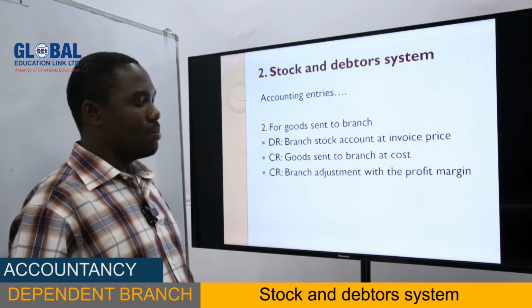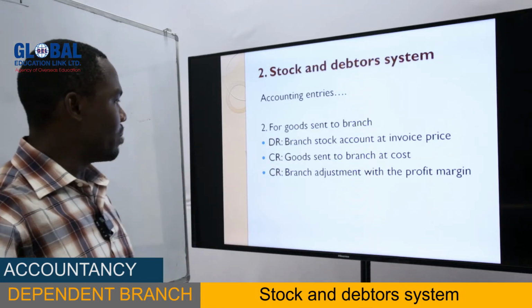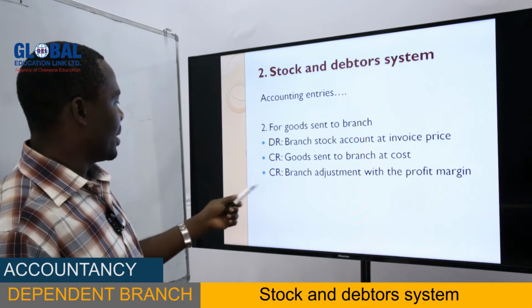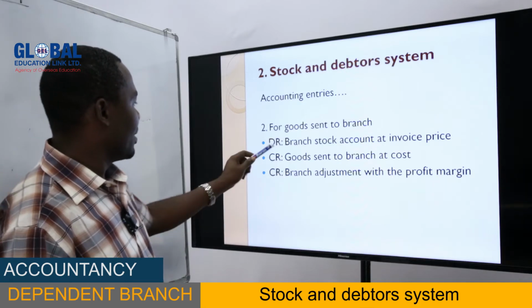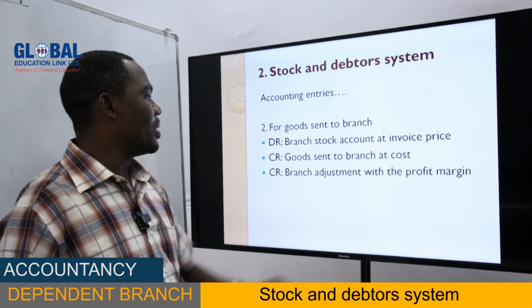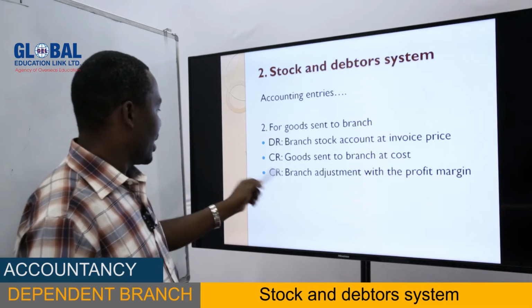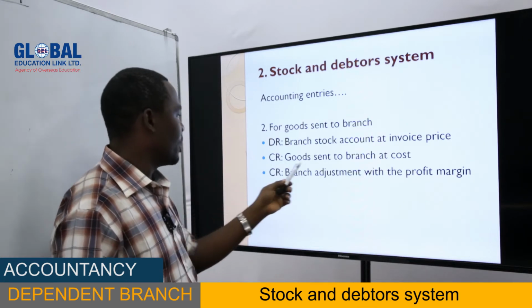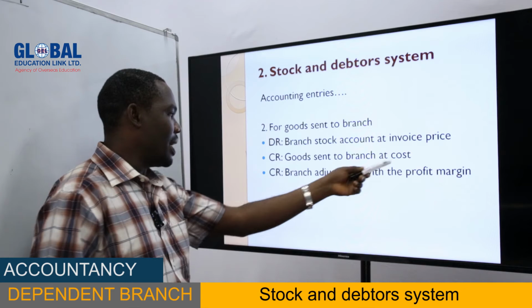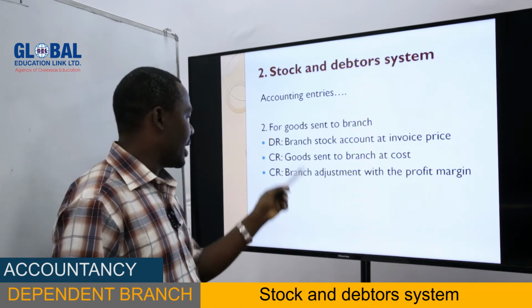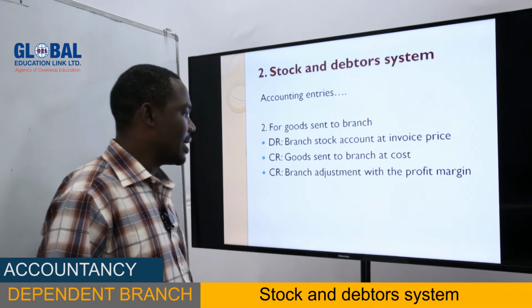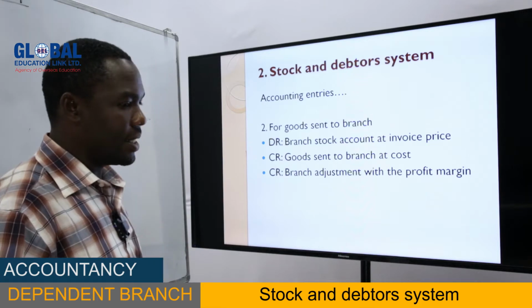For goods sent to branch, when the head office sends goods to the branch, because the branch stock account is recorded at invoice price, we debit branch stock account with the invoice price. The double entry will be to goods sent to branch, which will be at cost, and the other entry will be to branch adjustment with the profit margin.